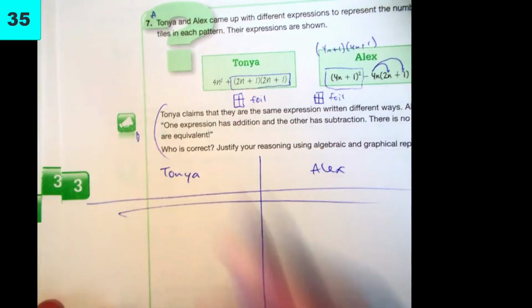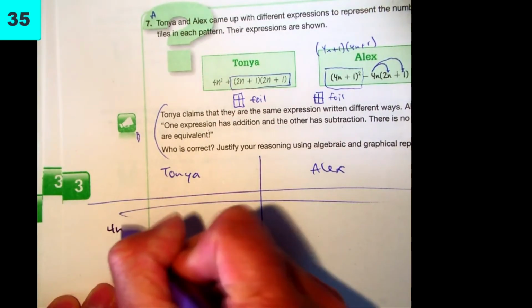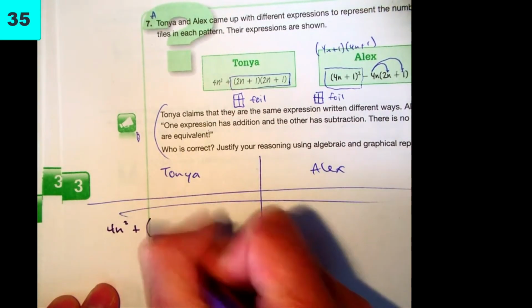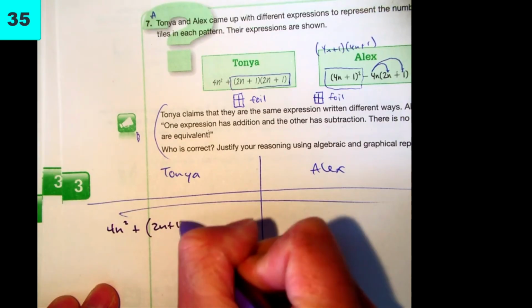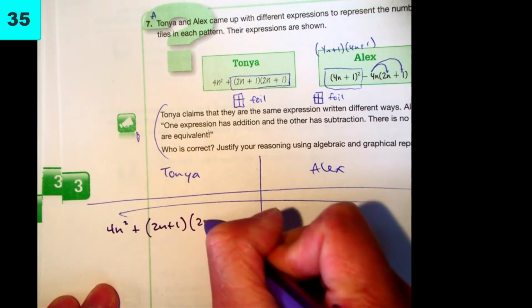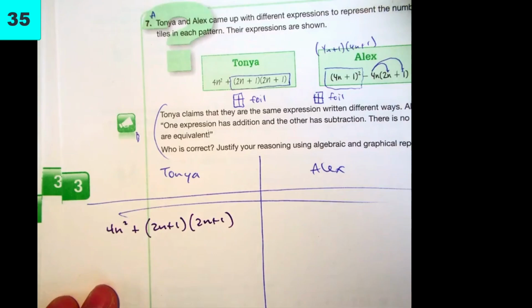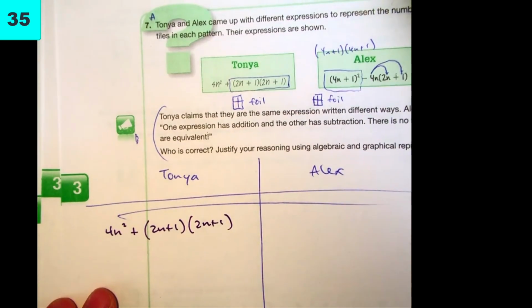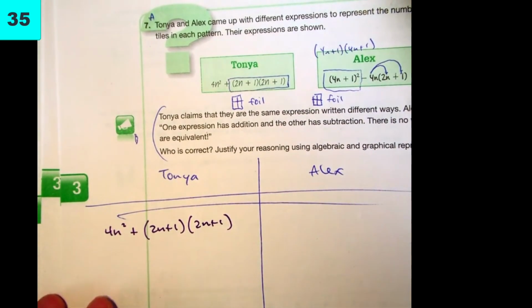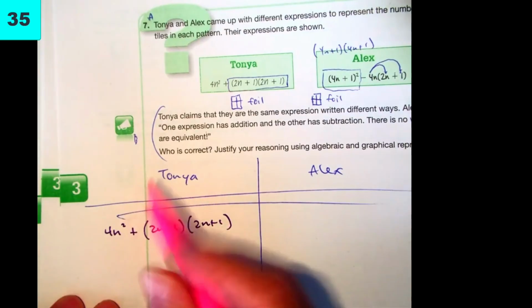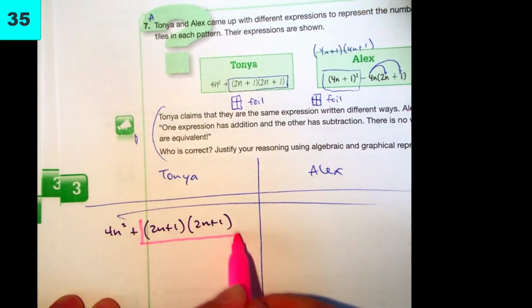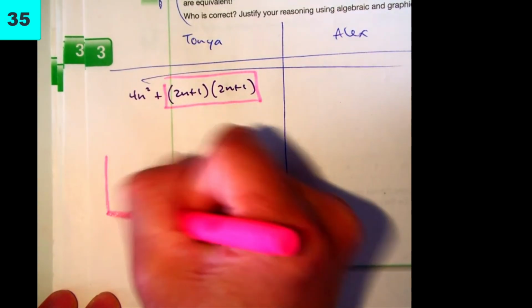For Tanya's, I have 4n squared plus (2n plus 1)(2n plus 1). I want to point out that in this problem, in pink, you're going to do the FOIL, or you can use a box.